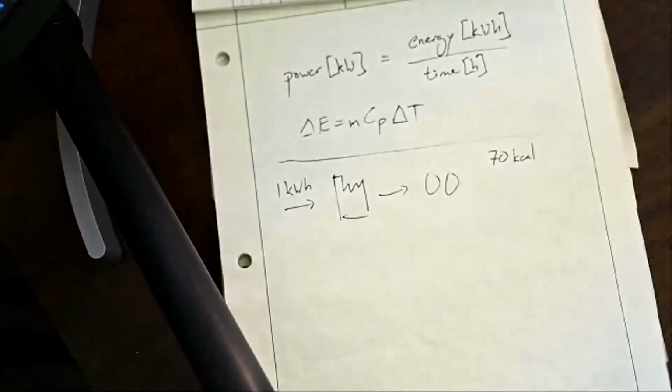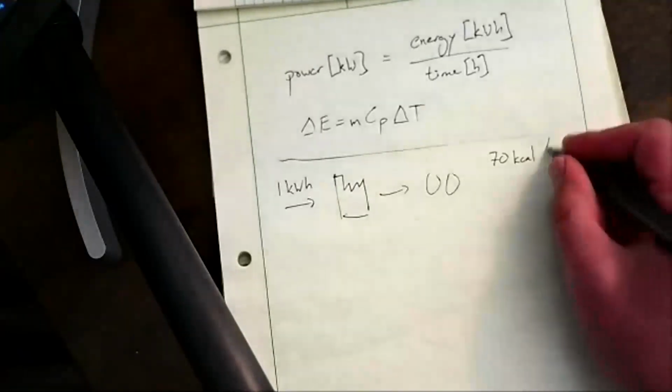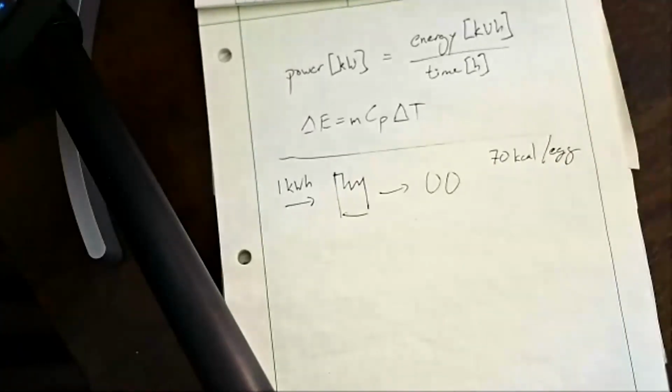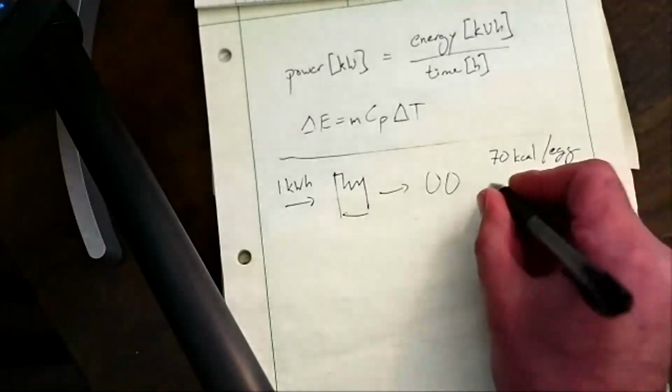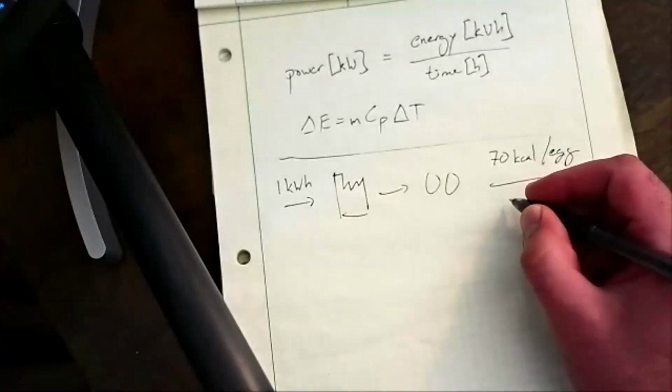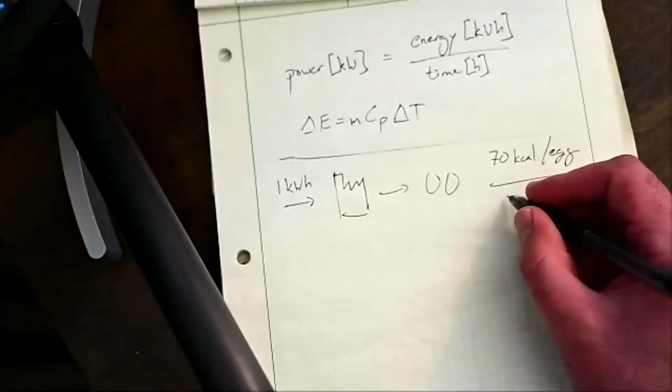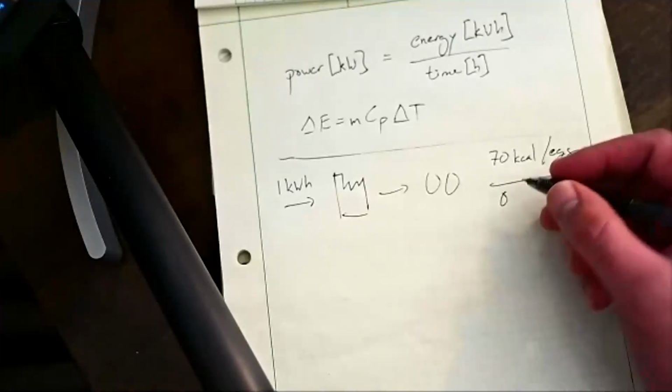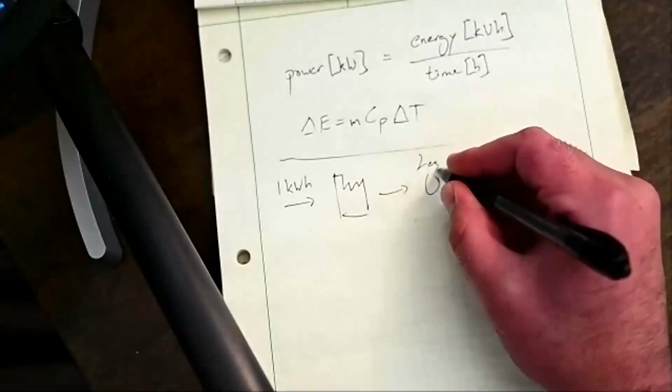When you eat an egg, you get 70 kilocalories. So 70 kilocalories per egg. And we know from the feed analysis from the chicken that 1 kilowatt hour makes 2 eggs. Okay, I already stated that.